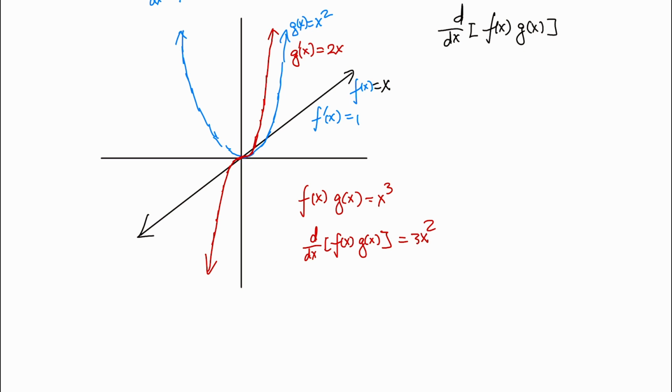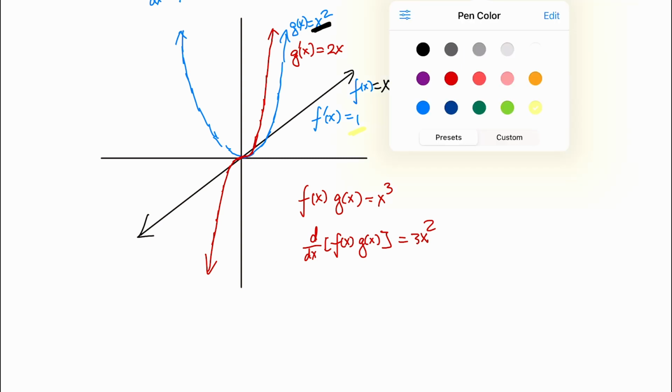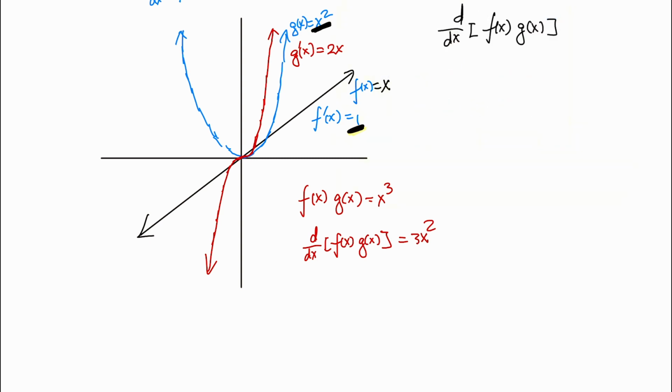Multiplying it by what? Well, the only constant over here would simply be this. So x squared and 1. Actually, let me use the same color. X squared and 1. And this is 2x and x, because they're symmetrical. So if these two multiply, then these two also multiply.